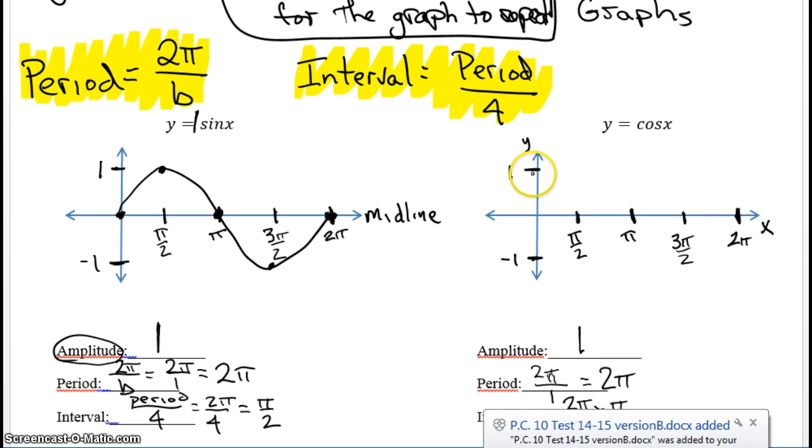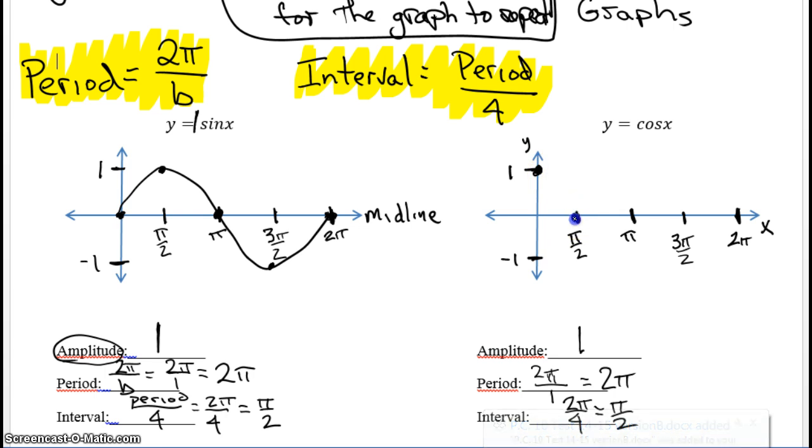The graph of the cosine starts up here at 1, and then moves down to the midline at pi over 2 after 1 interval, continues down to -1 at the end of the second interval at pi, moves back up to the midline at 3 pi over 2, and then at the end of its fourth interval is back at the peak where we started. I draw my smooth curve again, connecting these 4 points, and there's the graph of the cosine.